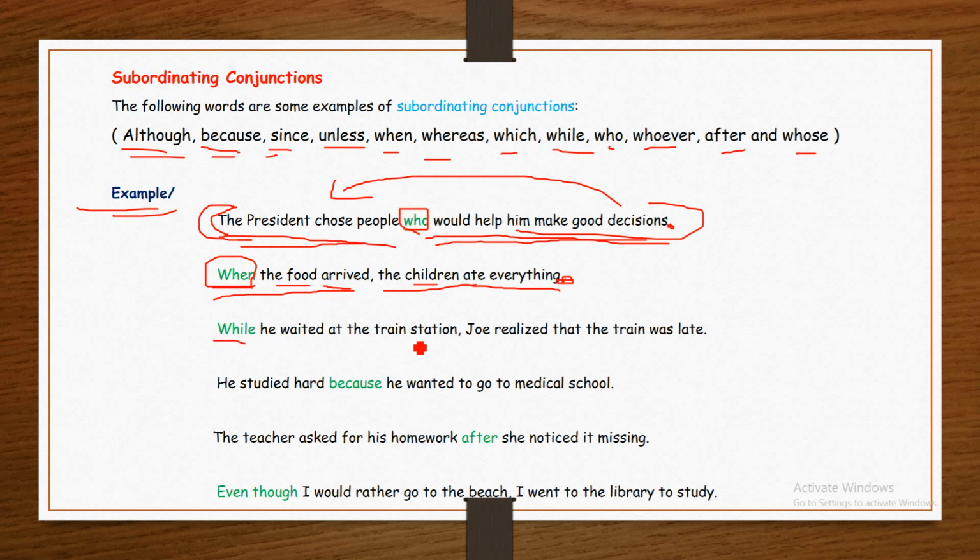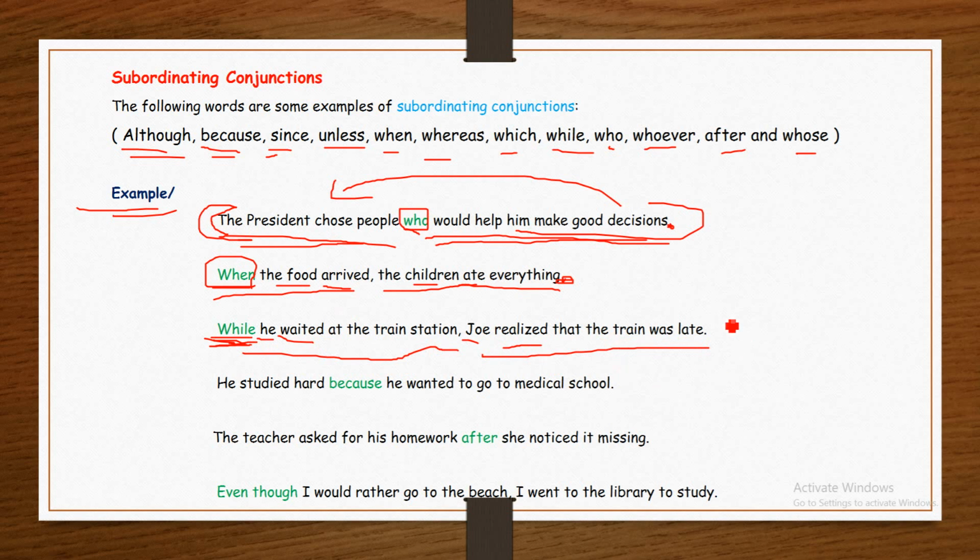While he waited at the train station, Joe realized that the train was late. This is the subordinating conjunction, and this is the subordinating clause, the dependent clause. It has a subject and verb. And this is the independent clause.